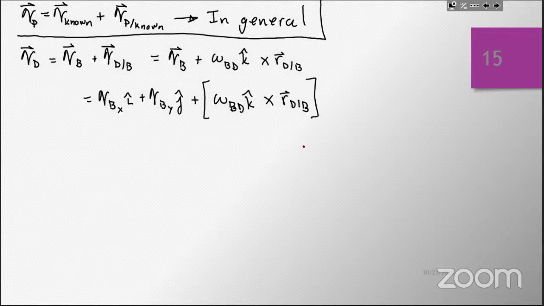If I'm at B, how do I get to D? And we'll talk about that in a second, too. And then we're going to have to solve the cross product and split it into two equations, right? So let's start with VBX. Let's go back.